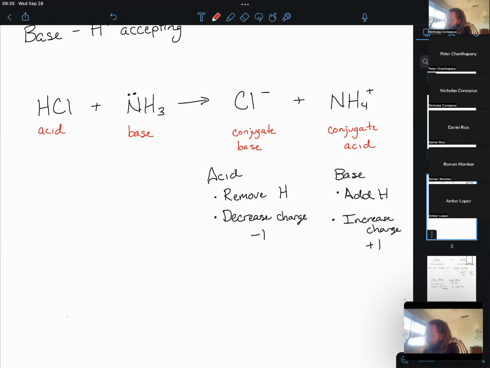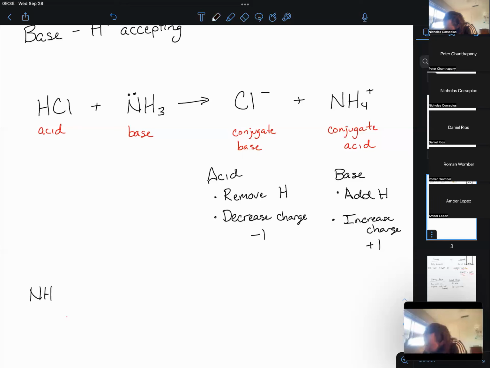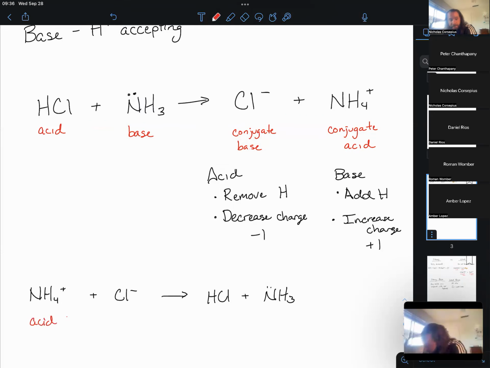So if I were to do the reverse reaction, NH4+ and Cl- going to HCl and NH3, it's because in the reverse reaction, now this thing is playing the role of an acid.